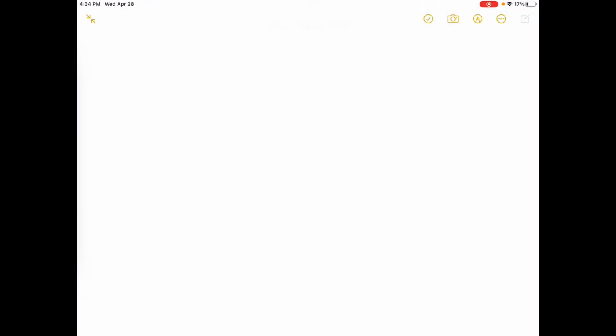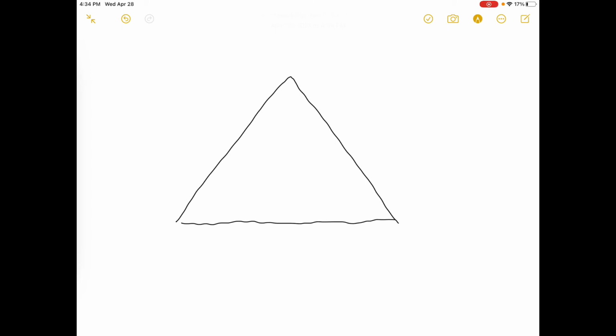Okay, the one I wanted to go back to, number 7. I want you to find the area of an equilateral triangle, and it tells us that the height of that equilateral is 20. Remember, on equilaterals all the angles are 60.